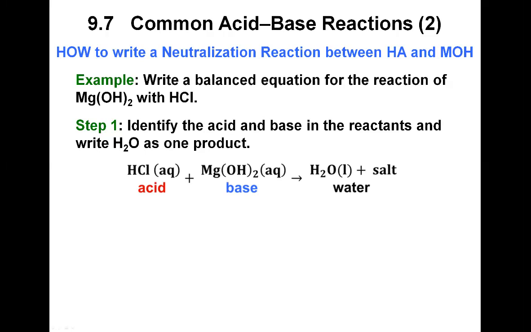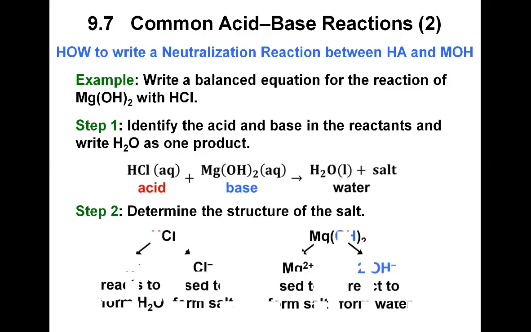We have water as a product because the H+ from HCl will combine with the OH- from Mg(OH)2, and H+ and OH- make water. Now we need to find the formula of the salt.